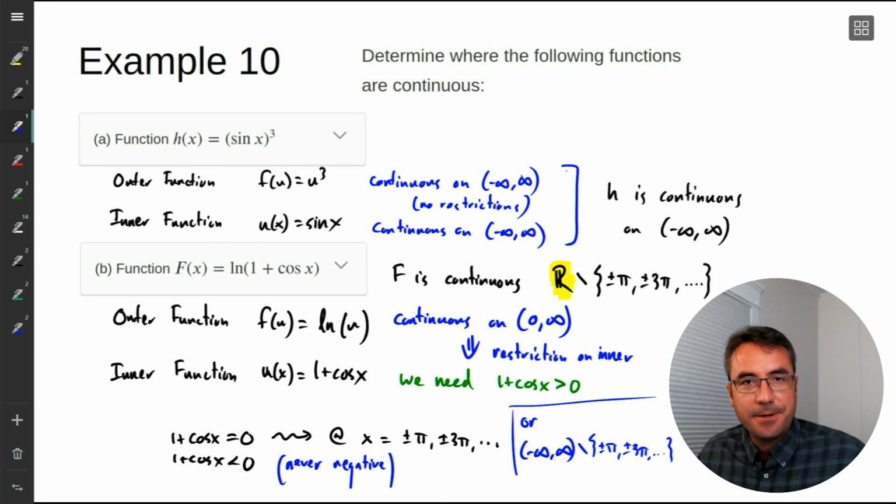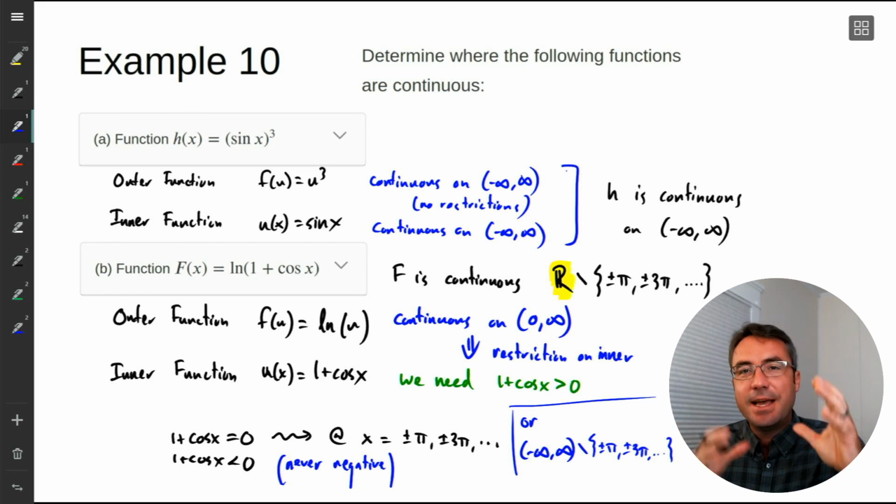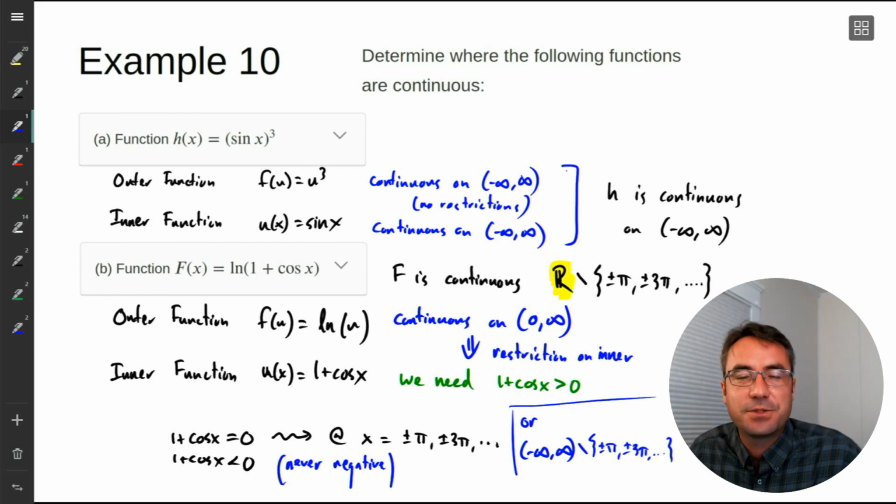And as we've seen, if we have two continuous functions and we add them, subtract them, multiply them, divide them, multiply by a constant, or compose them, the result is still going to be continuous. So we have all of those elementary functions, the building blocks, and we can combine them using all sorts of algebra and still get a continuous function, with some exceptions, of course.